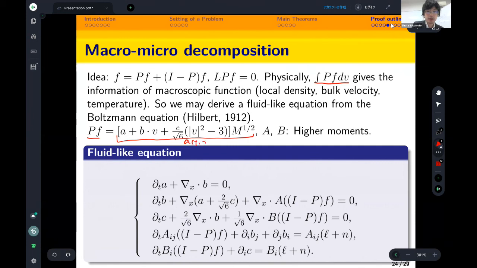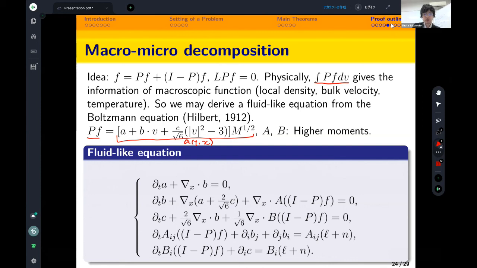As a function of V, M is Maxwellian and decays exponentially, so 1 multiplied with m half, V multiplied with m half, and V squared minus 3 multiplied with m half is a very good function. From here, we want to study the behavior of A, B, and C.